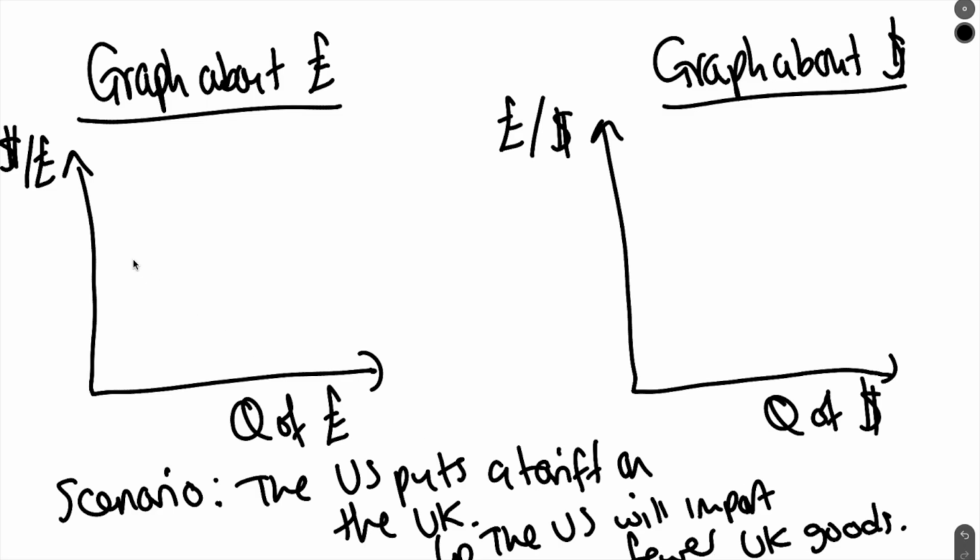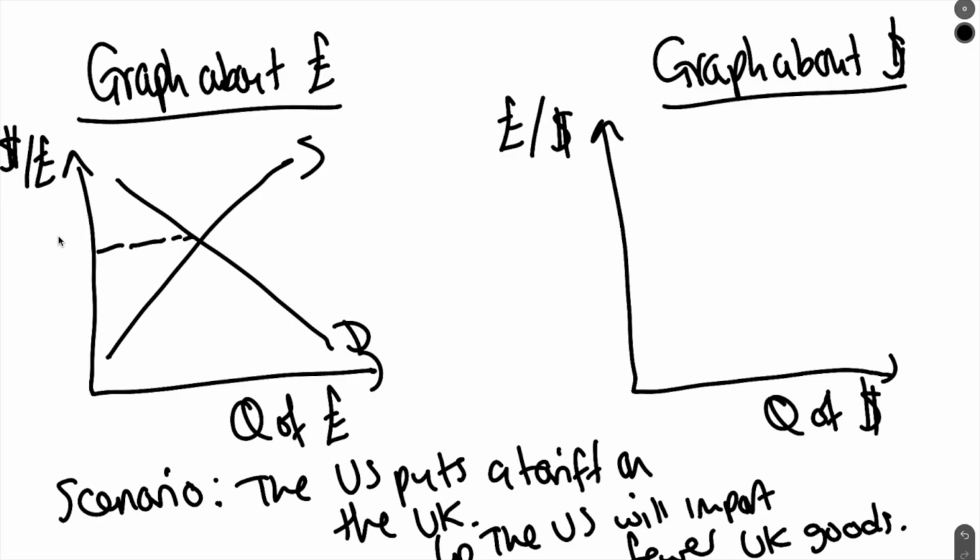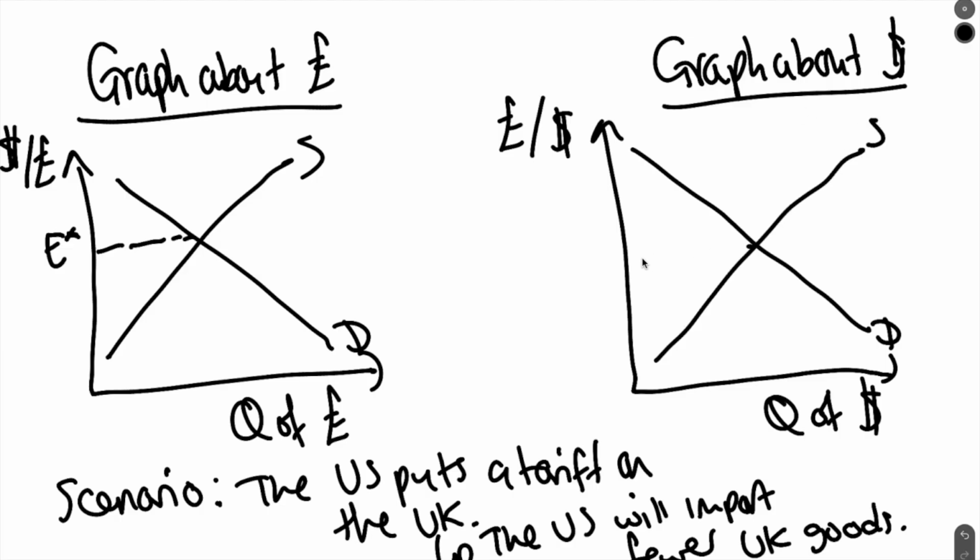So let's see how that affects things. We've got demand and we've got supply, and I'm going to do the graphs side by side to hopefully illustrate this better. Let's do the graph about the pounds first.